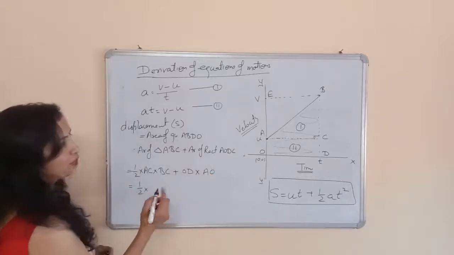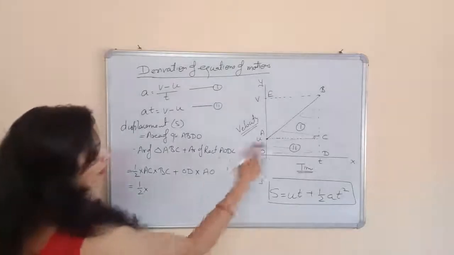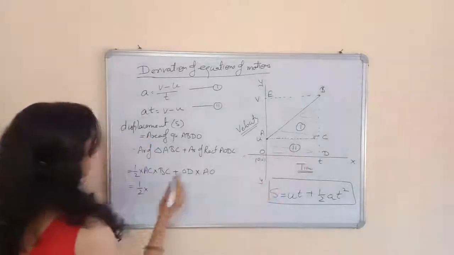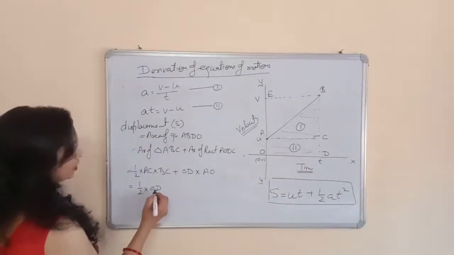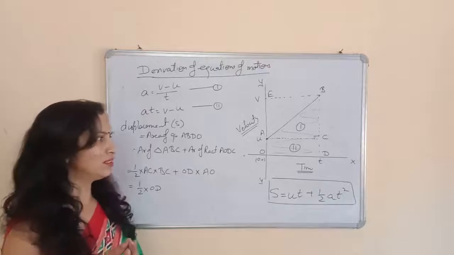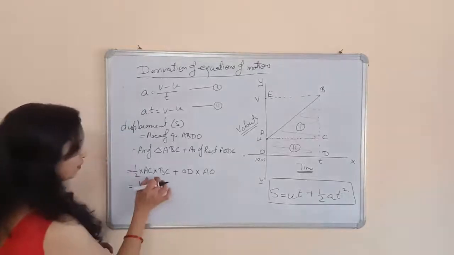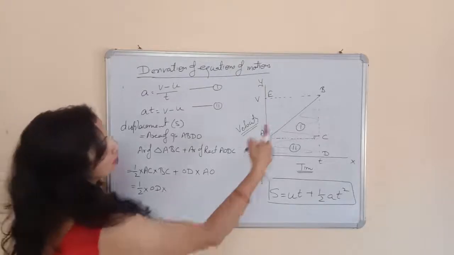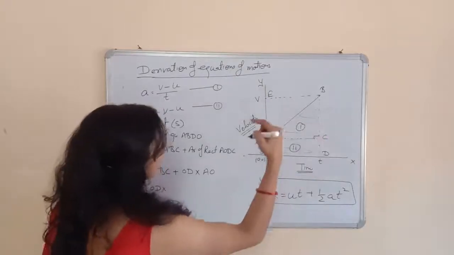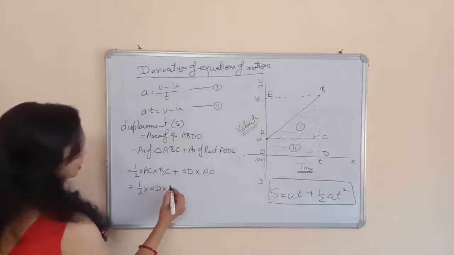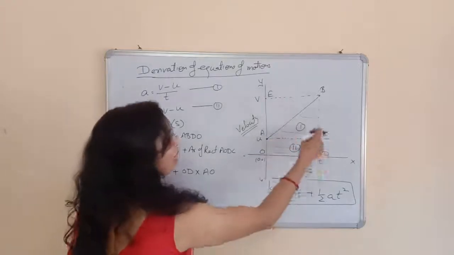1 upon 2 into, what is the length of AC here? AC is T, or we can say AC is equal to OD. So you can write directly the value T, or otherwise you can write it AC or is equal to OD. Multiply with the BC. BC, okay. BC means BD minus CD.